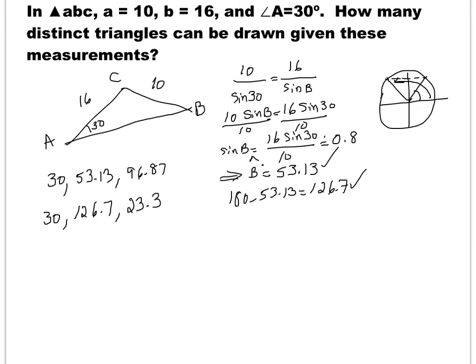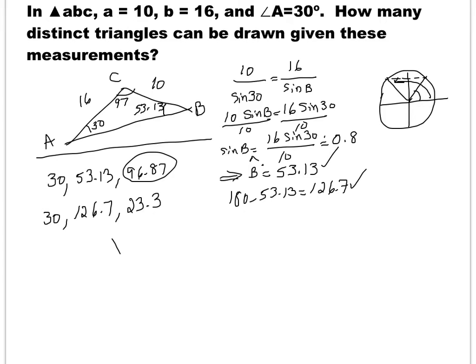One triangle is given here with B 53.13 and C to be about 97, or 96.87.